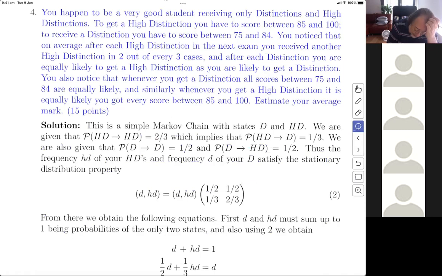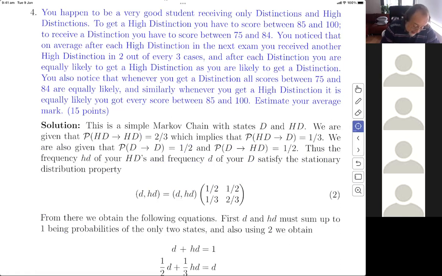But this implies that the probability to transition from high distinction into distinction is only 1/3, right? And you are also given that the probability to transition from distinction to another distinction is 1/2, and this of course implies the probability that a distinction is followed by a high distinction is 1/2.